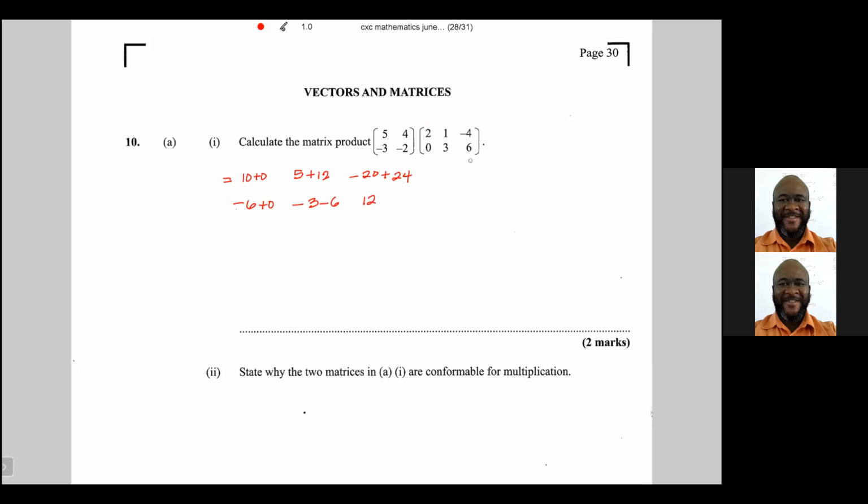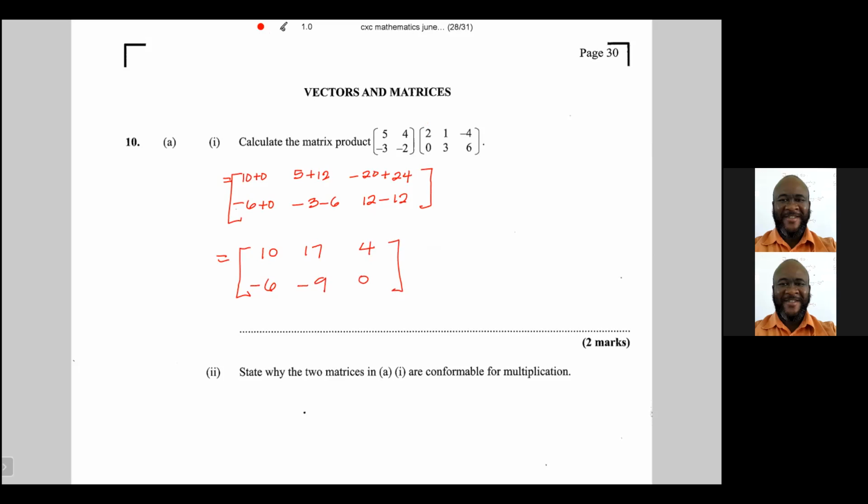Minus 2 times 6 is minus 12. And so our final answer is 10, 17, 4 on the top row and minus 6, minus 9, 0 on the bottom row. So this is the matrix product.